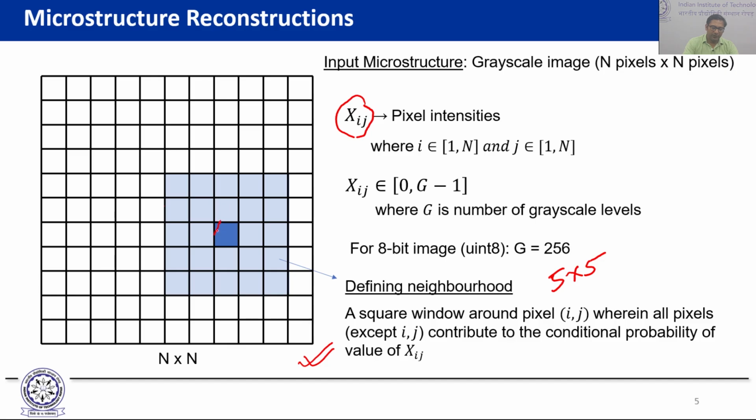So this one in dark blue is the central pixel around which we are defining the neighborhood by taking this window. So once you have extracted these intensity values in the neighborhood, you basically consider this patch as a sample, and you will then go ahead and start collecting different samples, or different patches, from the microstructure. Once you have got the different samples, you will use them for doing the machine learning part of it.